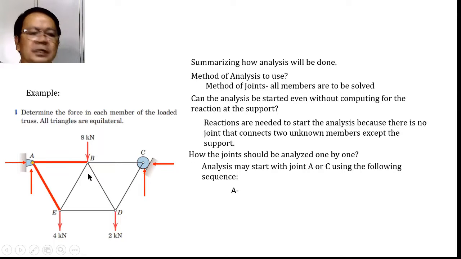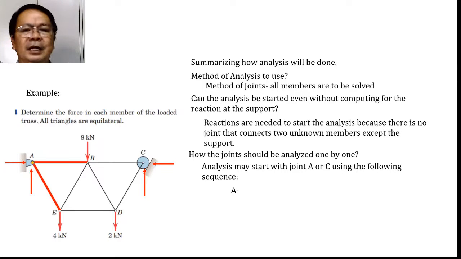Then afterwards, tingnan natin alin ba yung mas convenient na i-analyze. Would it be E? Would it be B? O baka naman C? Tingnan natin mabuti, the next joint that contains no more than two unknown members ay E at C. Okay, pero dahil mas mabuti sana kung ang piliin natin ay yung mas simple lamang ang joint.